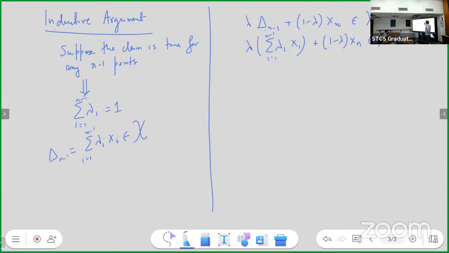Just calculate the coefficients. The first n minus 1 coefficients have a common factor lambda. So lambda times lambda i, plus 1 minus lambda, equals 1.